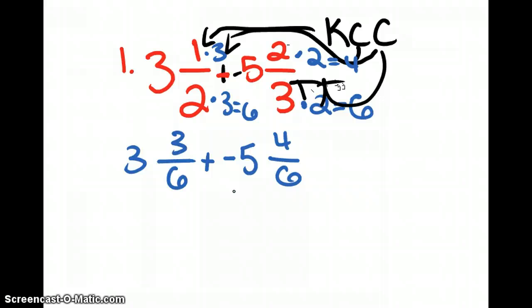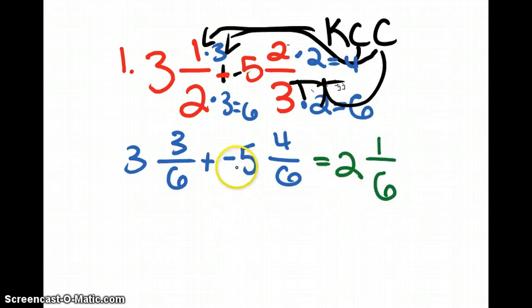What you're gonna do is basically flip these two around, and so you're gonna start off with 5 minus 3, which would equal 2, and then 4 minus 3, and that would be 1, and then you have to put the 6 as the denominator.